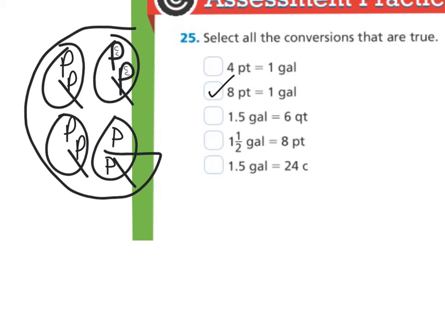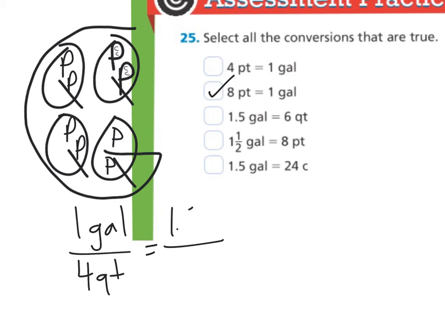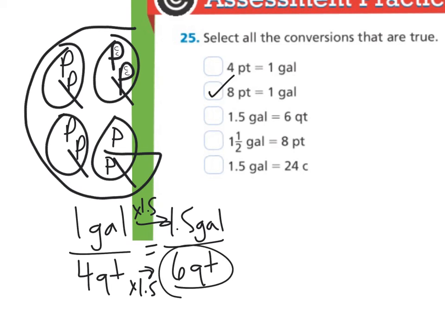1.5 gallons, is that equal to 6 quarts? Well, we can see from the picture 1 gallon is 4 quarts. So if we have 1.5 gallons, that'd be 1.5 times as much. If you do 4 times 1.5, that would be 6 quarts. So that works.